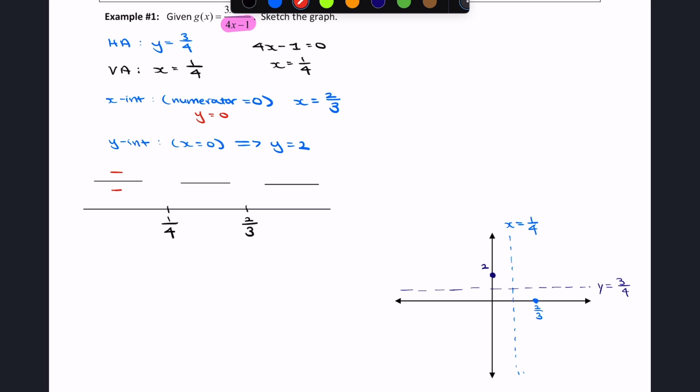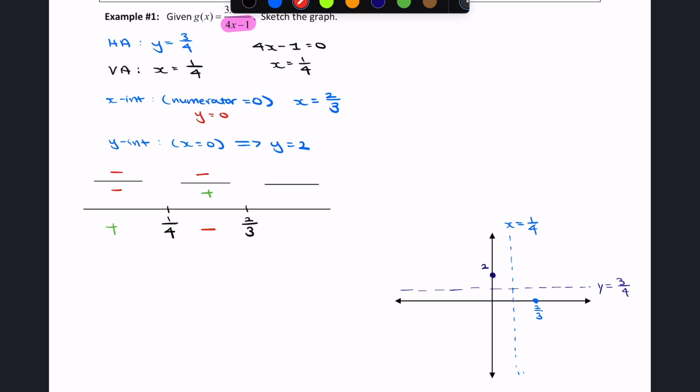So when we sub that in, we see that it will be positive, or above the x-axis. If we sub in a value between 1 over 4 and 2 over 3, we see that the numerator will be negative. The denominator will be positive, and so between 1 over 4 and 2 over 3, it is negative.